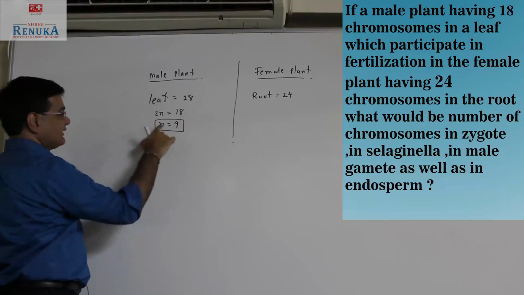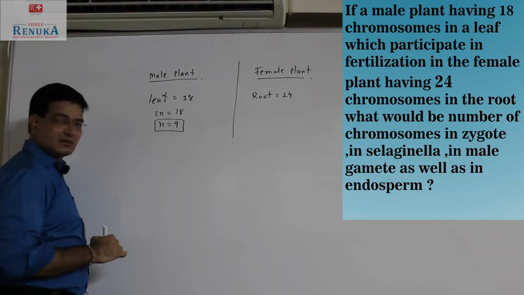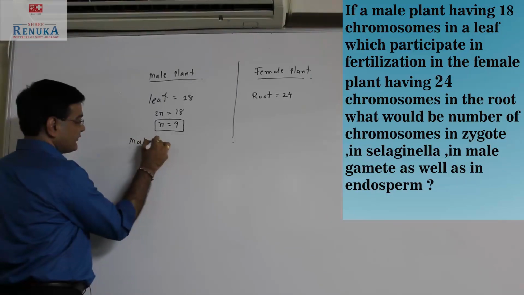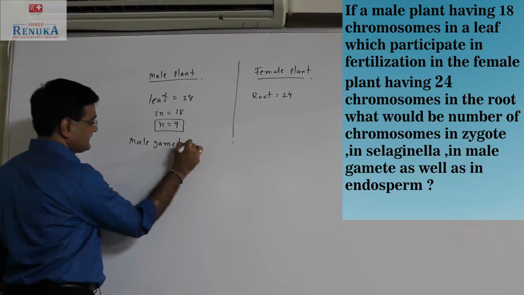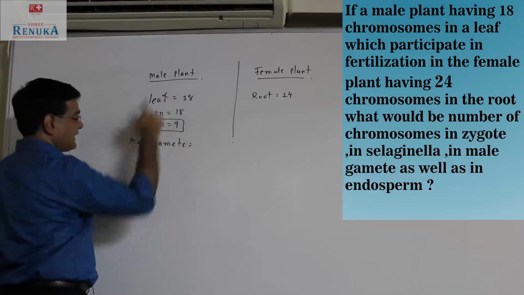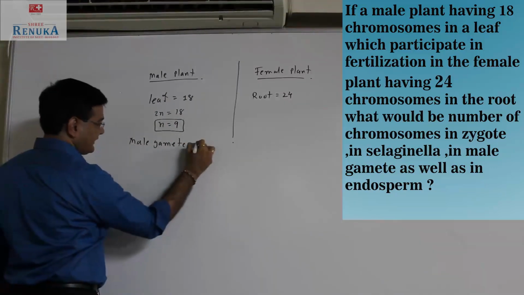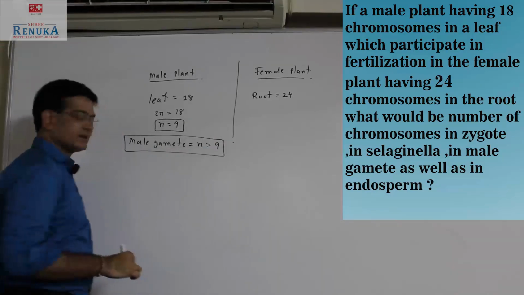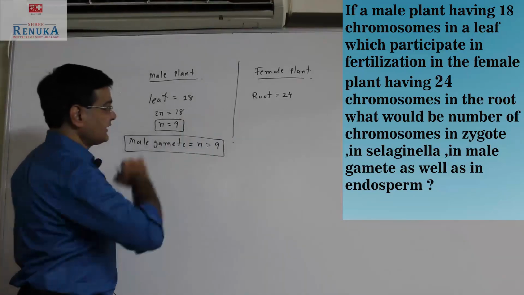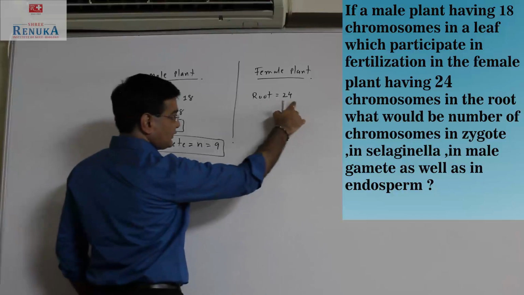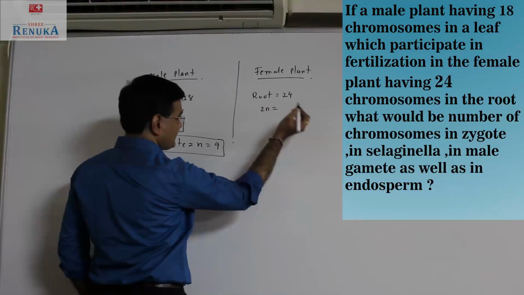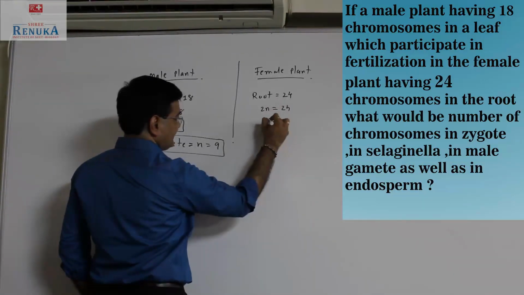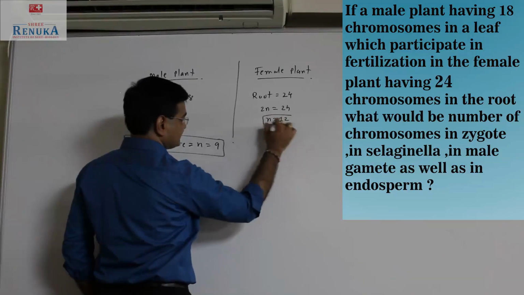So in the male plant the haploid number is 9. So simply male gametes which form inside the male plant is always haploid, and that's why it has a chromosome number 9 over here. But in the case of female plant, the root having 24 chromosome, root is again a diploid. So n is equal to 12 over here.